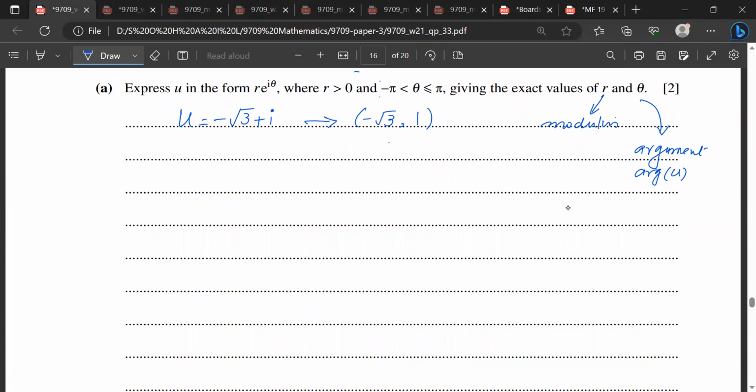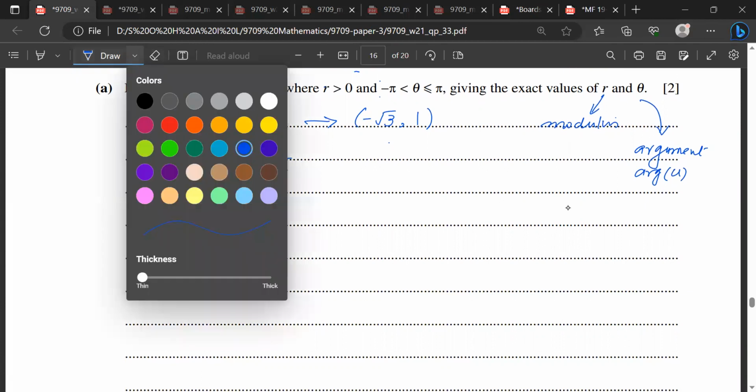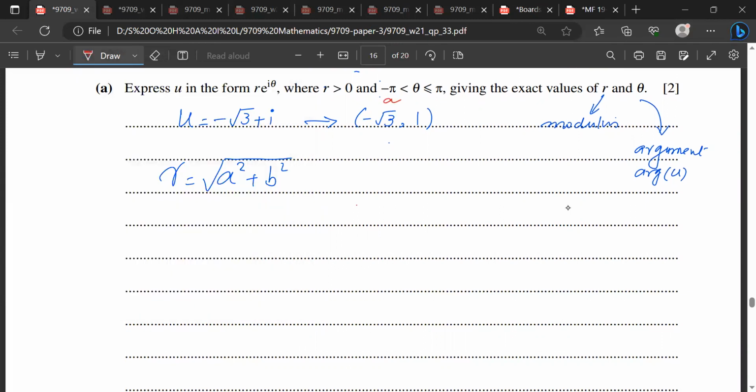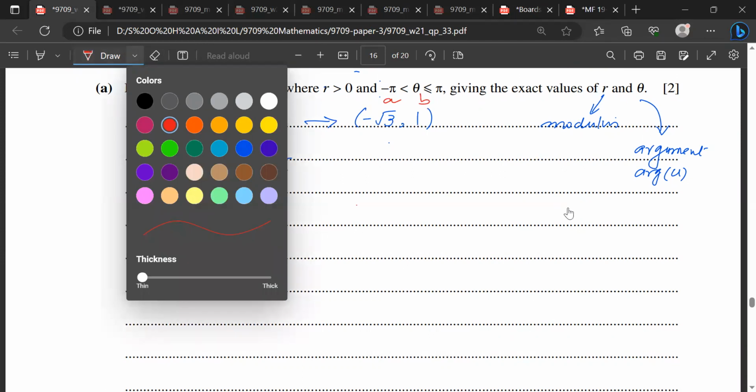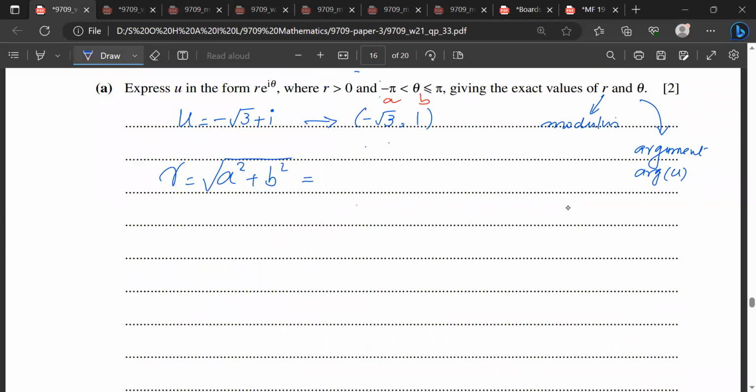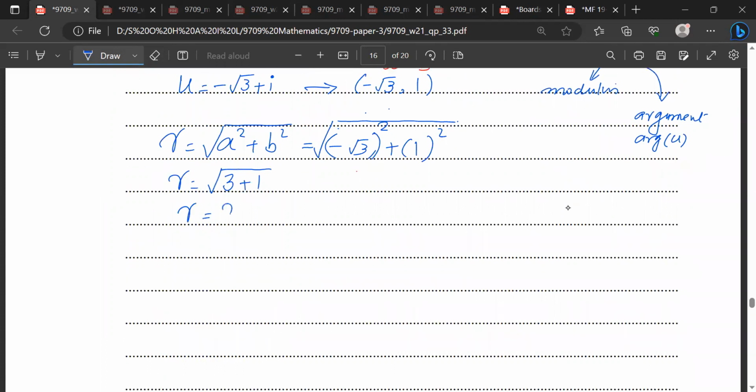So the modulus r is the square root of a square plus b square, which is equal to minus root 3 squared plus 1 squared, which is equal to 3 plus 1. And so r is equal to 2.